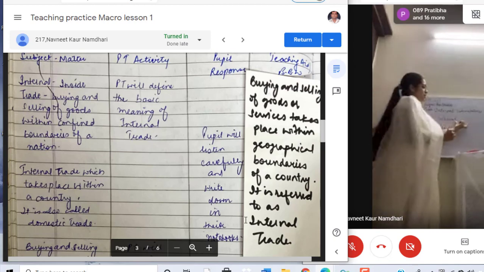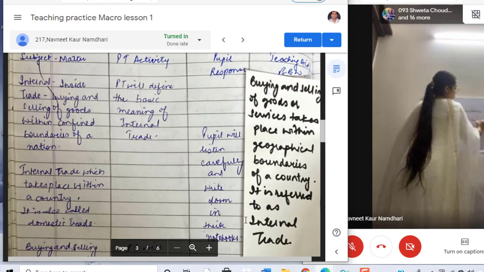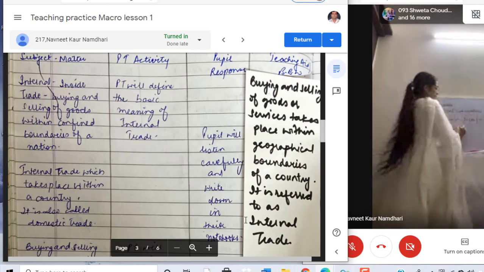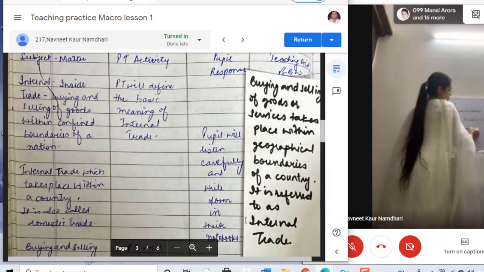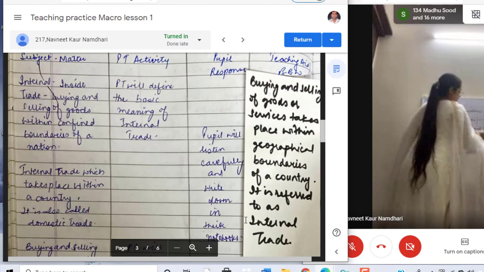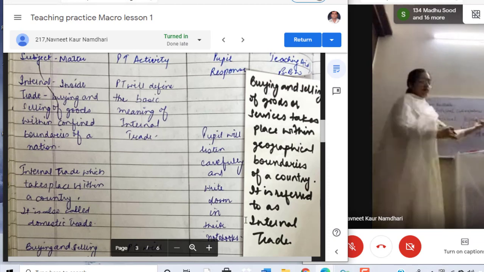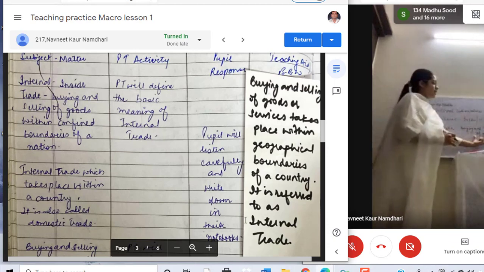Internal means within or inside. Trade means buying and selling of goods. So internal means inside or within. Trade means buying and selling of goods.